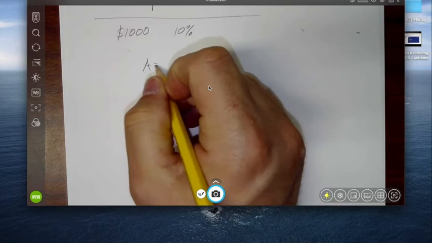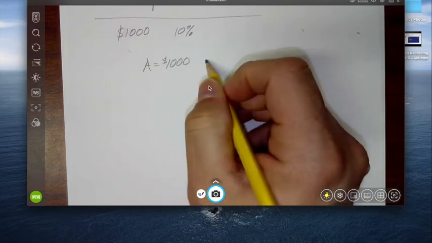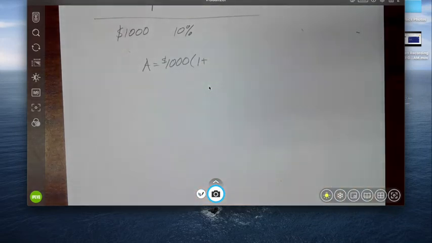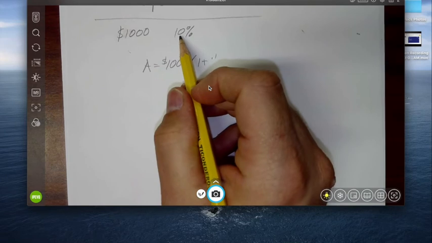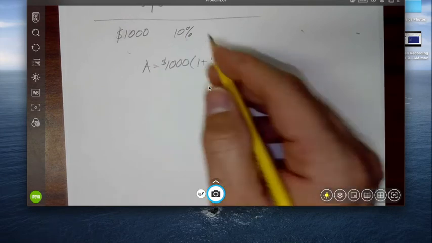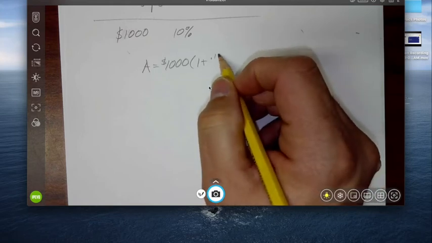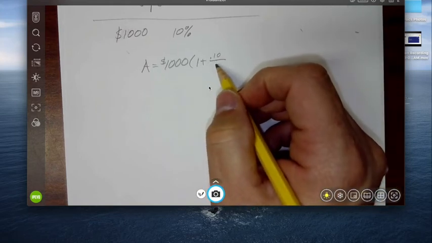We want to know how much money we have at the end if we take our principal, which is the $1,000, and we go 1 plus r, which is 0.1. One thing to remember here is to take your rate that's given to you as a percentage and turn it into a decimal. So 0.10 or 0.1, and then divided by the number of times we're going to compound it per year.